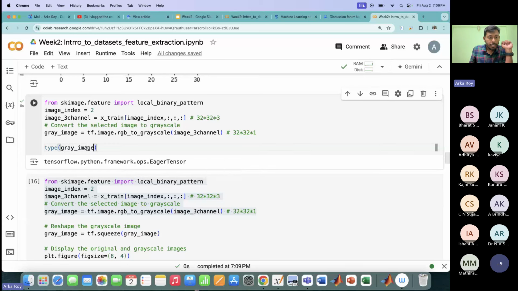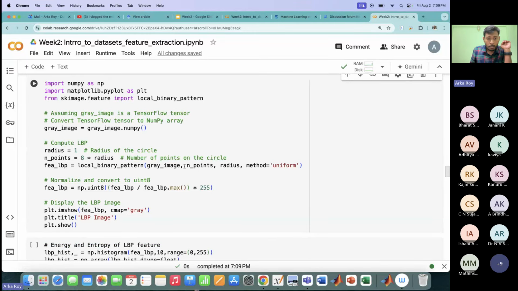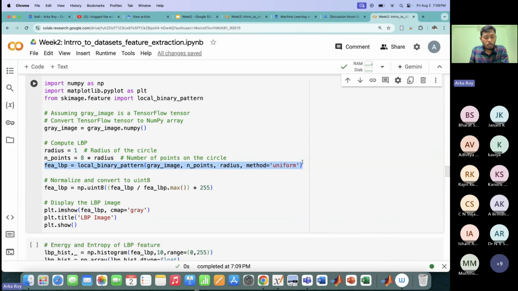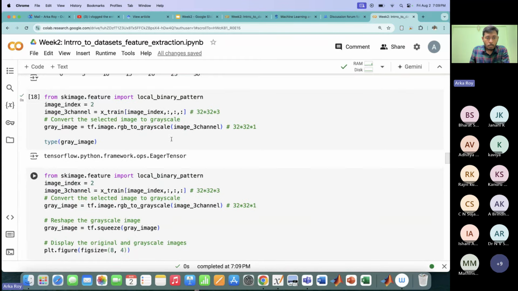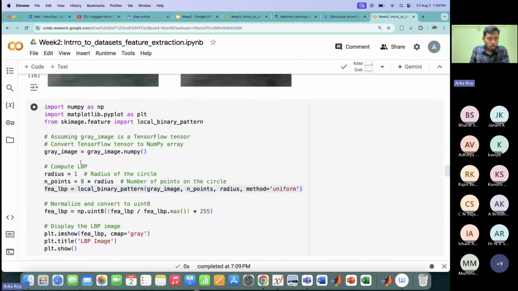So you can see that the data type of this particular variable is TensorFlow Python. Basically, it is a tensor. The last one is basically the type of the data. So this is tensor data. Now, if I do this operation, just hold on for a second.